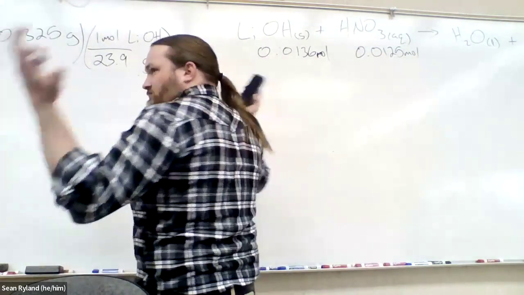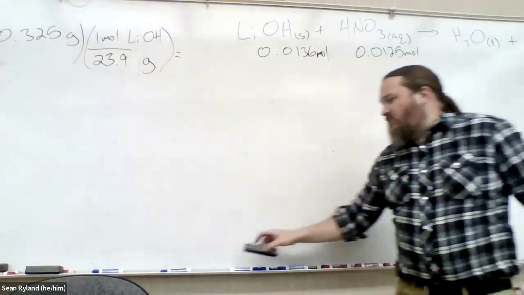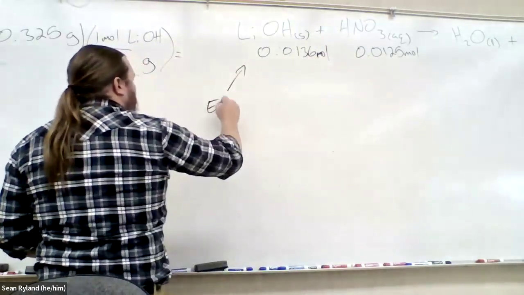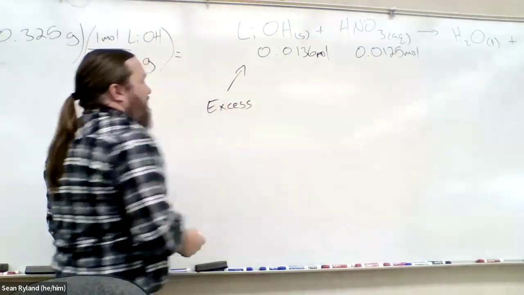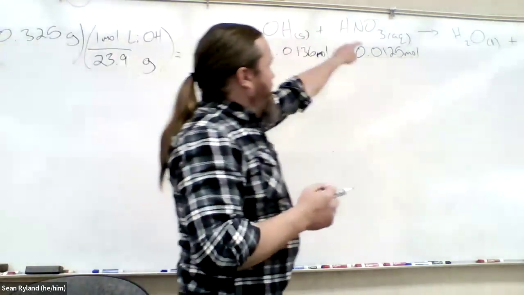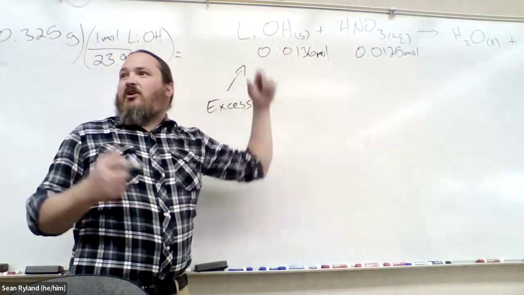It's the one that we have less of, which means the excess reactant is the lithium hydroxide. And it means we don't even really need to do any math to figure out how much lithium hydroxide is left over, right?